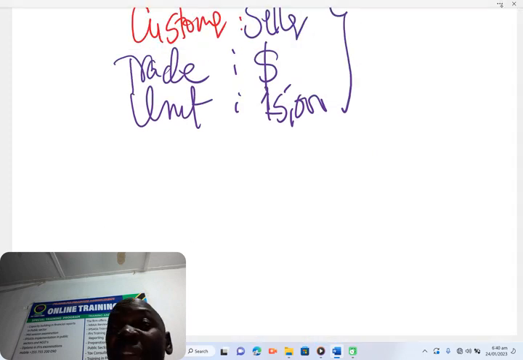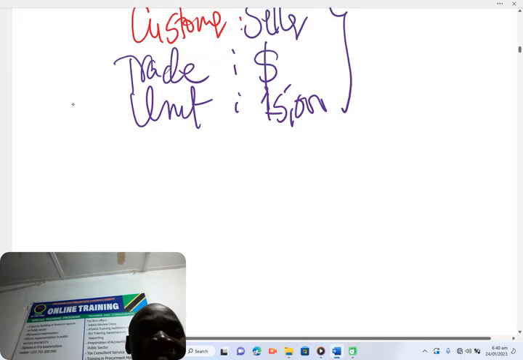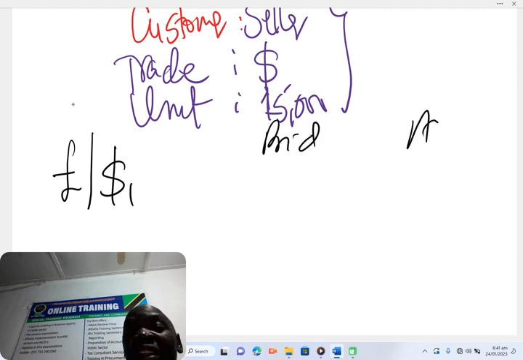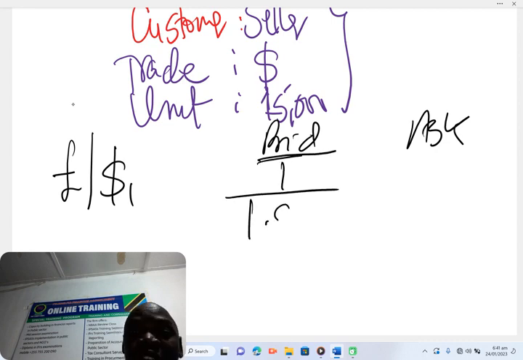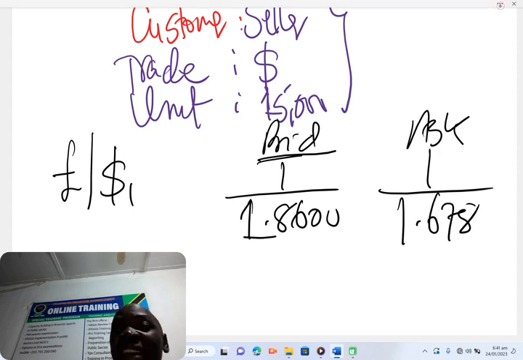It is pound stroke dollar. So dollar is a trading currency. Now, what is a bid price? It is 1 over 1.860. About here, it's 1 over 1.678.